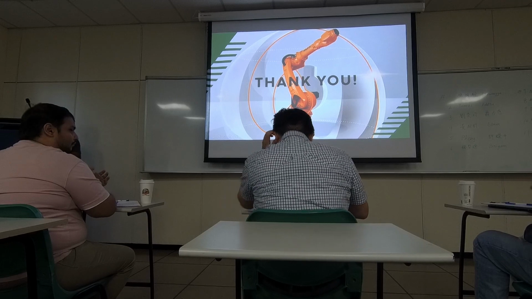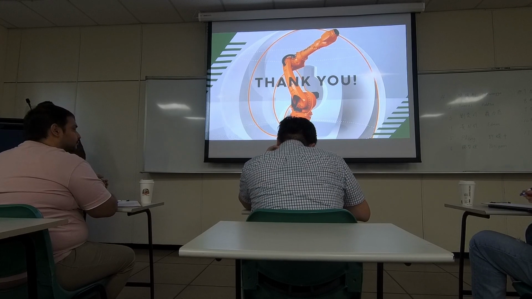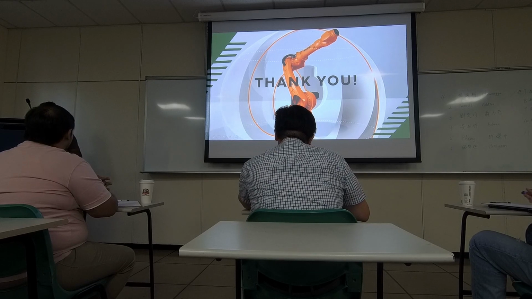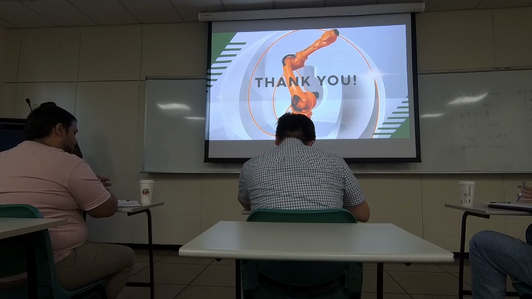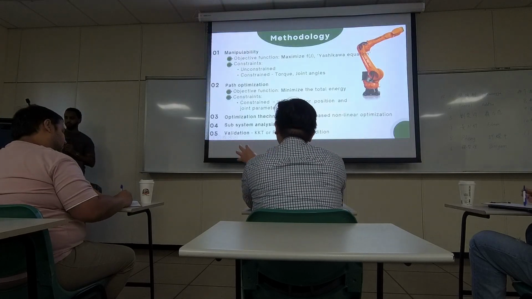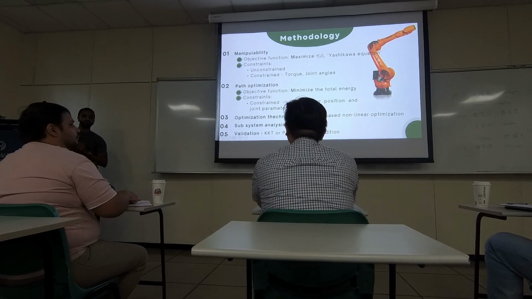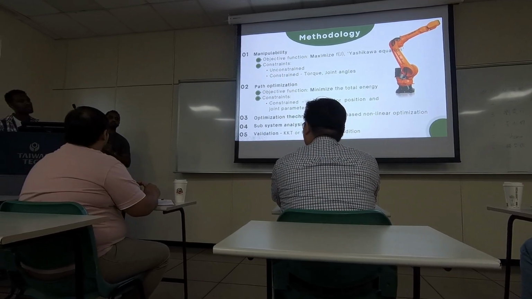Okay, so in your formulation, I noticed that you have 2 objective functions. One is the f of J, and the other one is energy. I think you can also look into how you can integrate both formulations together. This is the so-called multi-objective optimization.